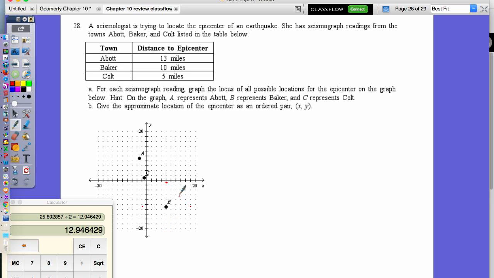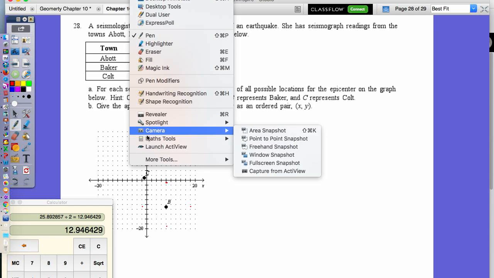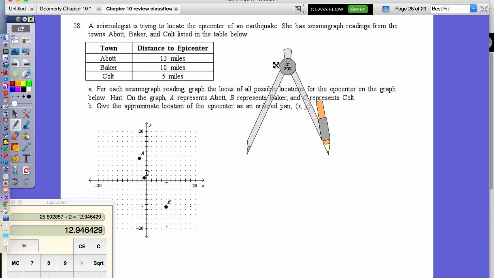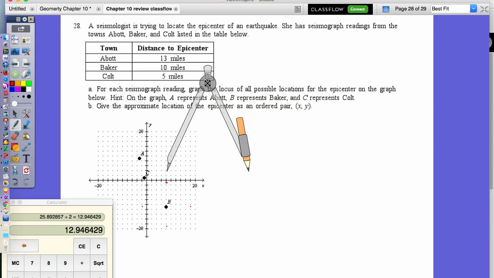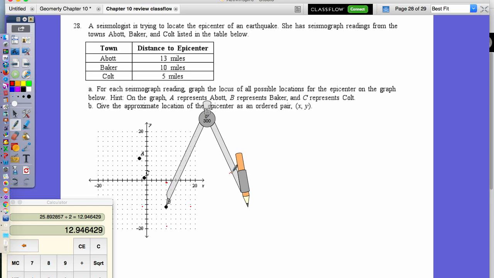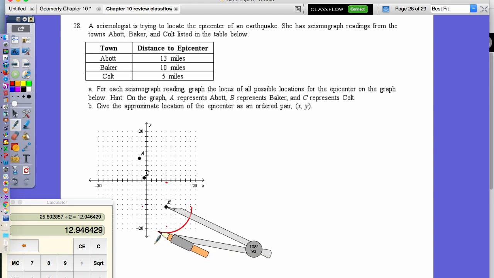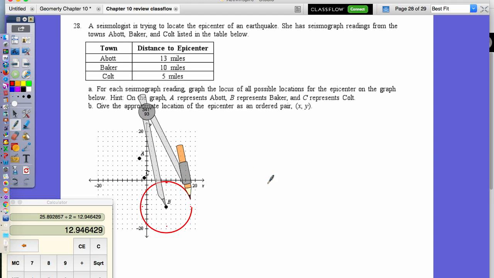So basically what you would want to do now is take your compass, put it here, bring it over here, and draw the circle around.